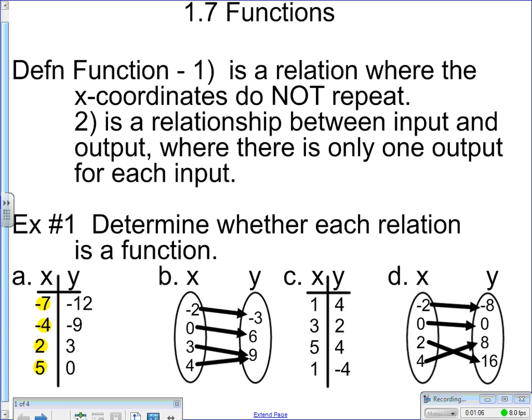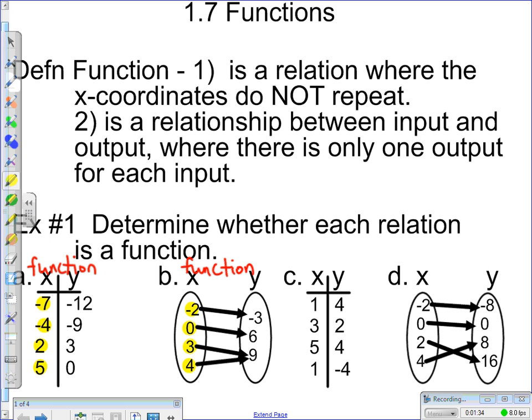And since they are all different numbers, this is a function. Now in example B, -2, 0, 3, and 4. All 4 completely different numbers. So this relation is also a function.